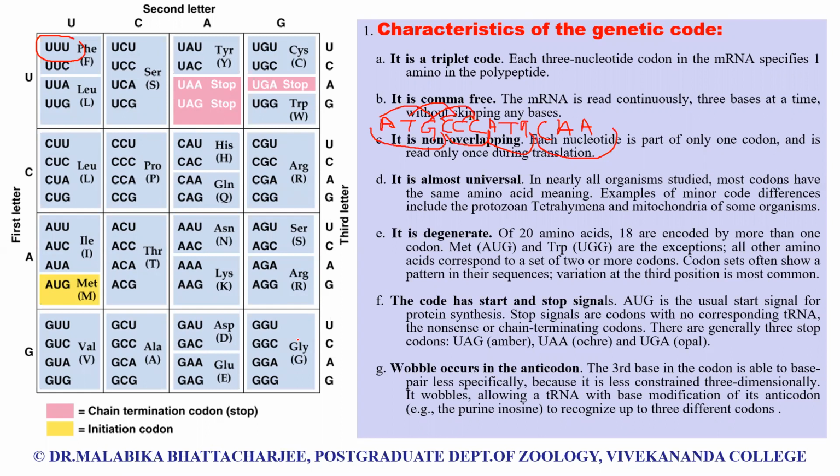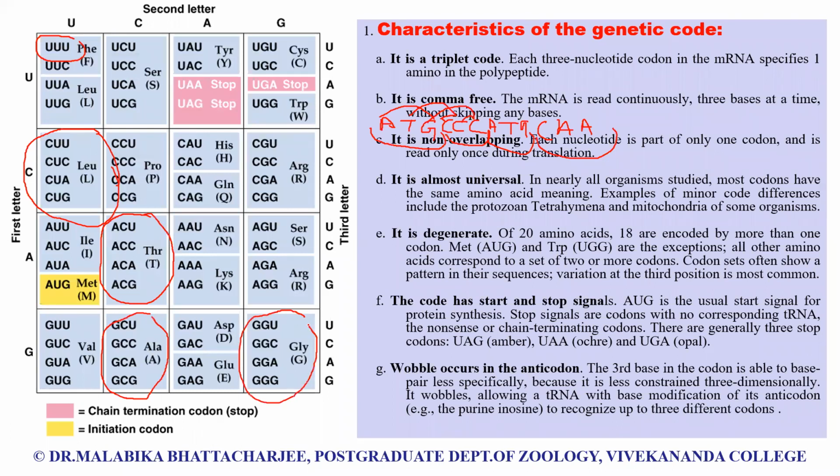So it is obvious that there is more than one combination coding for one amino acid. For example, let's look at this picture. You can see there are 4 combinations which code for leucine, 4 combinations for threonine, 4 for alanine, and again 4 combinations coding for glycine.